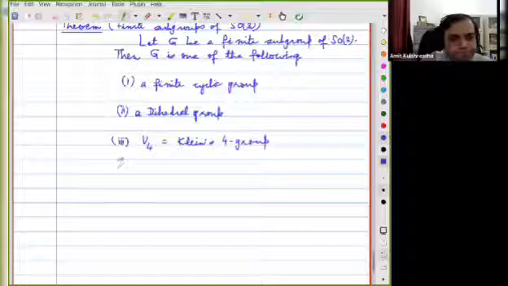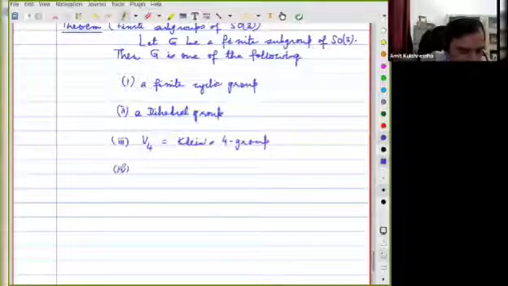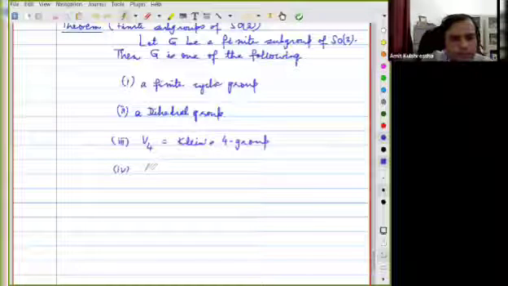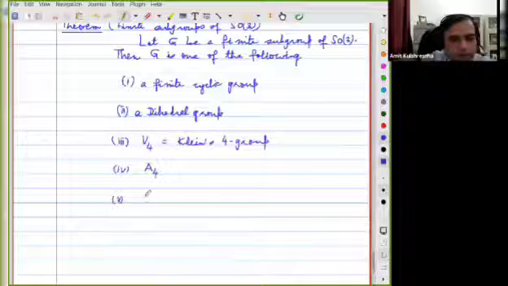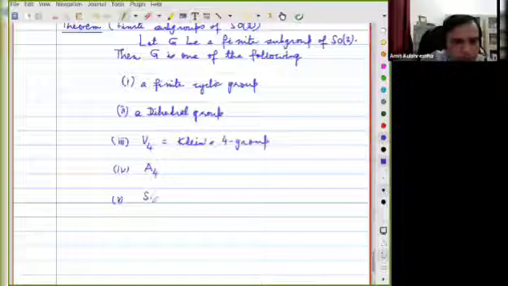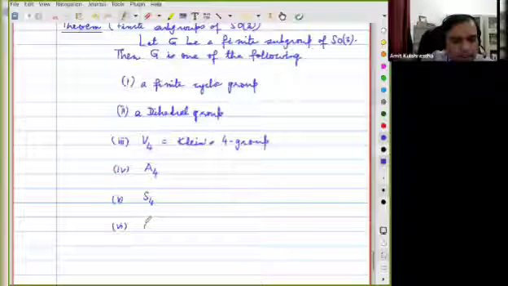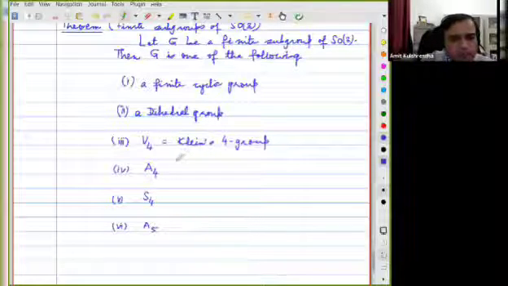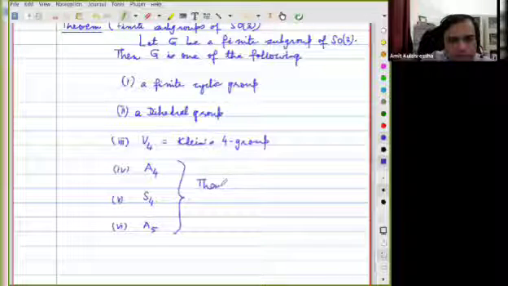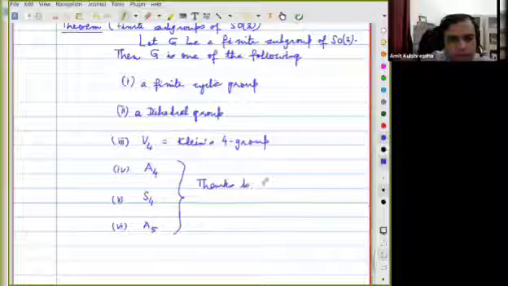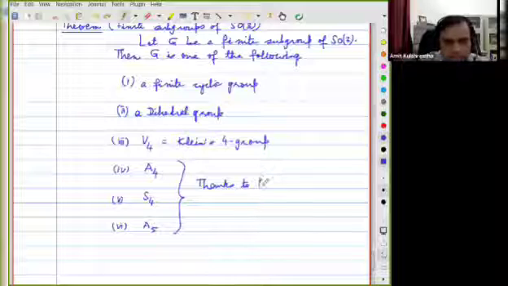And others are coming from Platonic solids. A4, S4, and A5. So these are coming thanks to Platonic solids.